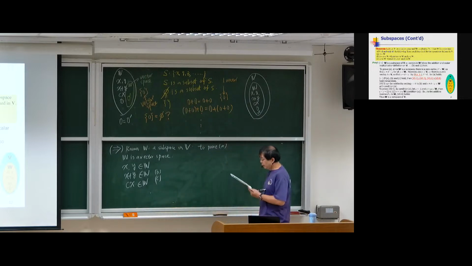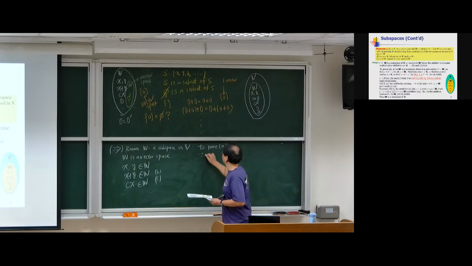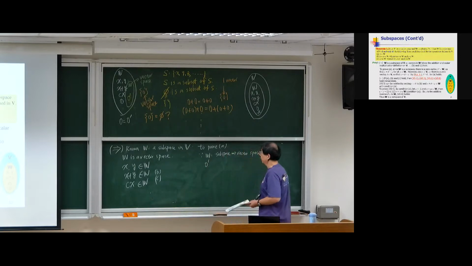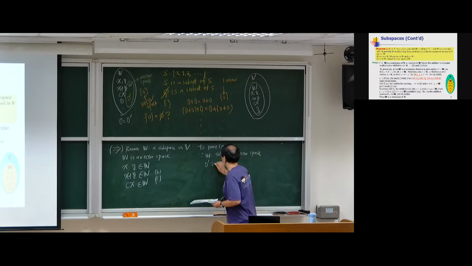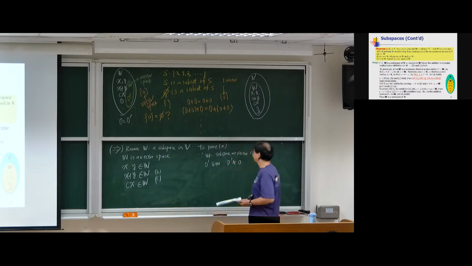To prove A, because W is a subspace, which means it's also a vector space, right now we assume 0 prime is in W. 0 prime is the 0 vector in W. So 0 prime belongs to W, and 0 prime is not equal to 0. This 0 is in V.